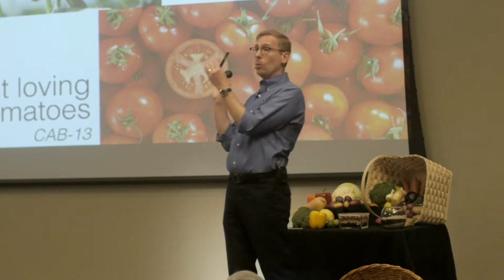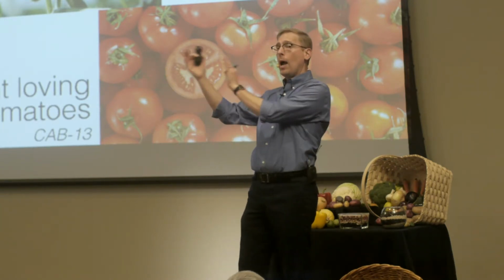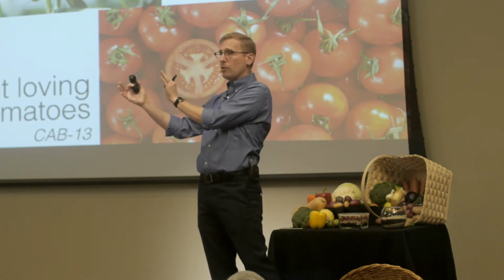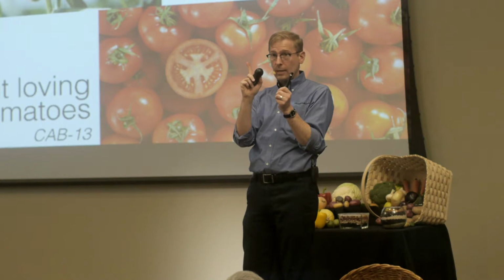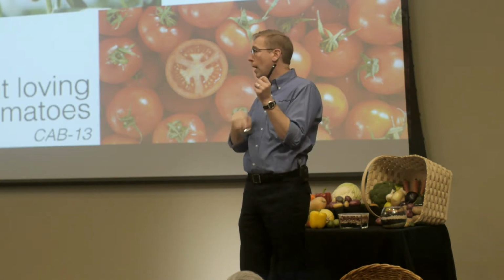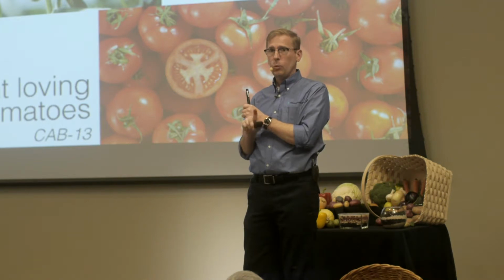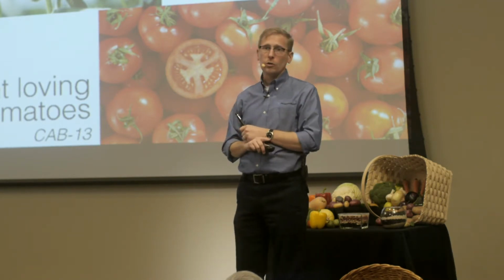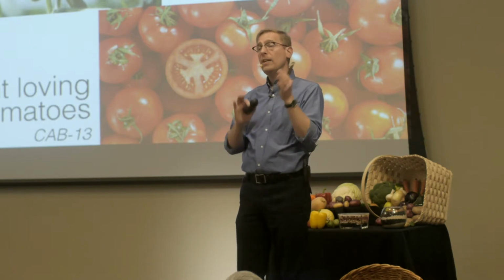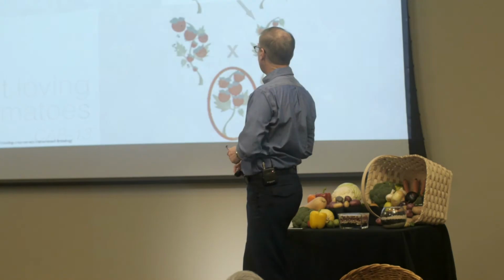So if I can take the wild version of CAB13 and cross it into commercial tomatoes, which they actually have done in one strain, the tomatoes grow 24 hours in light, and there's a 20% increase in yield. 20%. That is a major increase if you're a commercial tomato farmer. Now that has to be proven in other strains, but that's the power of this technology.